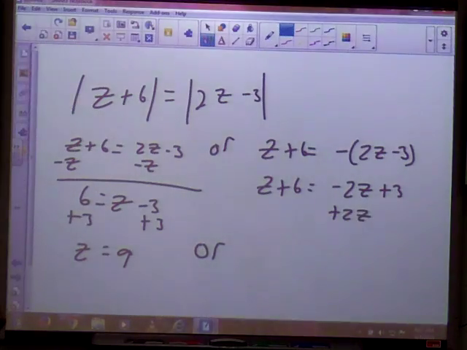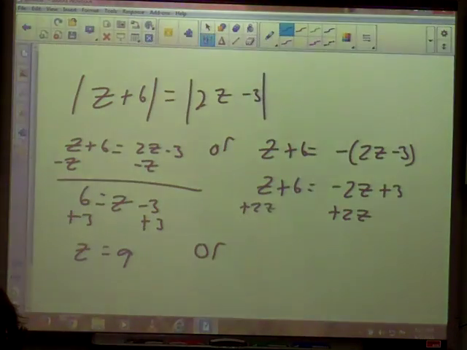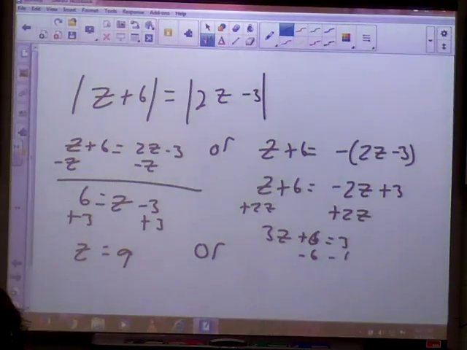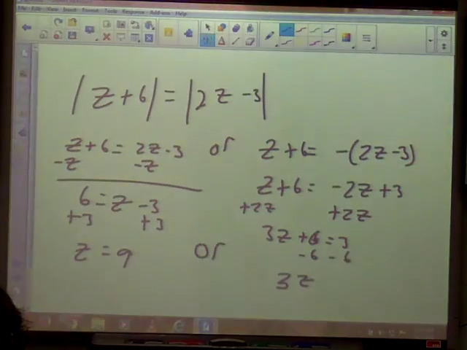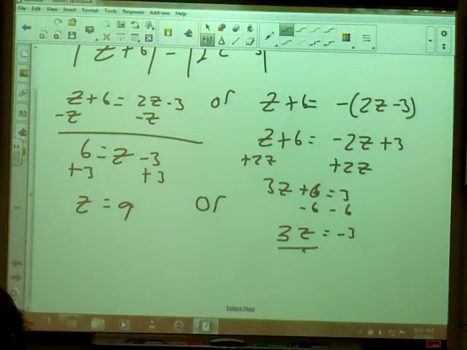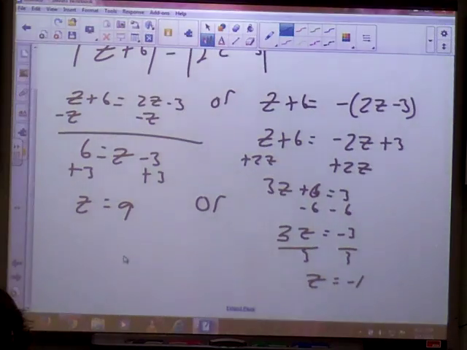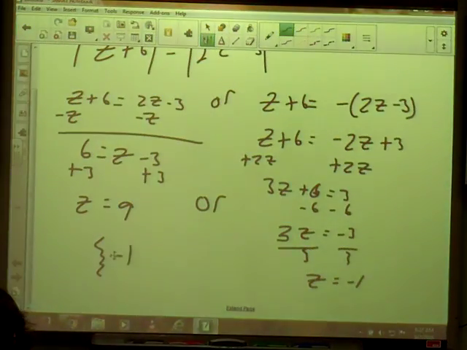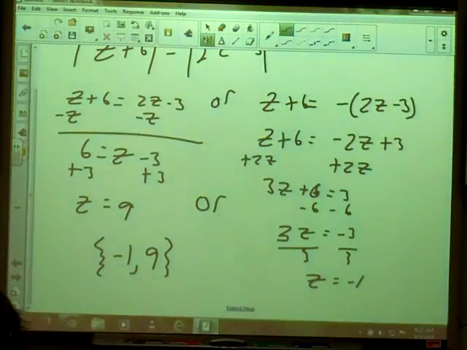Add 2z. Gets me 3z plus 6 is equal to 3. Subtract 6. 3z is equal to negative 3. So divide by 3 and z is negative 1. So write my answer. This is an equal sign, so I'm in the braces. Negative 1 is smaller, 9 is larger.